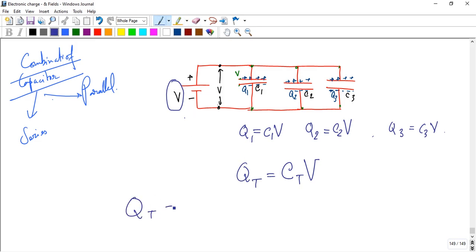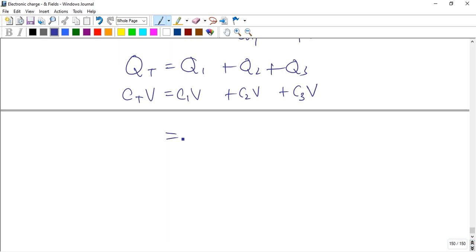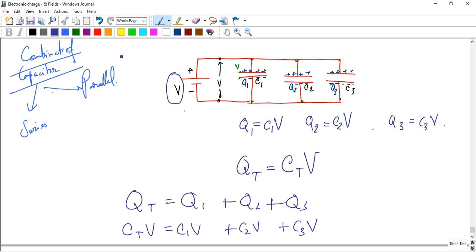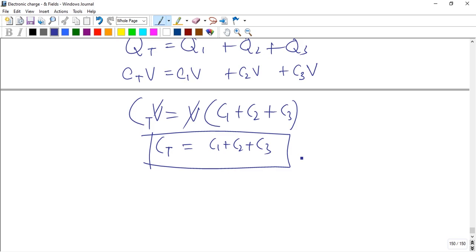The Q total is equal to Q1 plus Q2 plus Q3, and Q total equals C total times V, that is C1 V, C2 V, C3 times V. Now, if you take V common, you get C1 plus C2 plus C3 equal to CT times V, cancel these two V. So the total capacitance of the combination of three capacitors in a parallel combination, we get CT equal to C1 plus C2 plus C3.